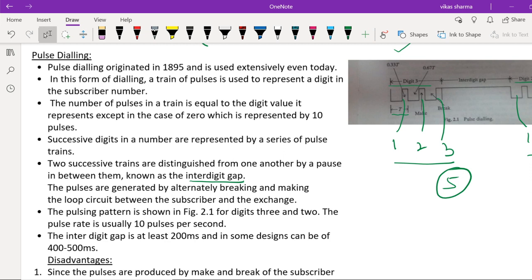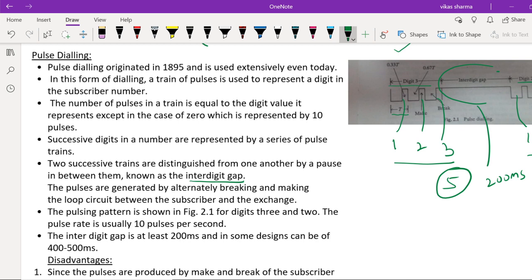Now, how are these pulses generated? Whenever we are dialing a digit, these pulses are generated by alternately breaking and making the loop circuit between the subscriber and the exchange. The interdigit gap should be at least 200 milliseconds, and in some exchanges, in some designs, 400 to 500 milliseconds of interdigit gap is also used.